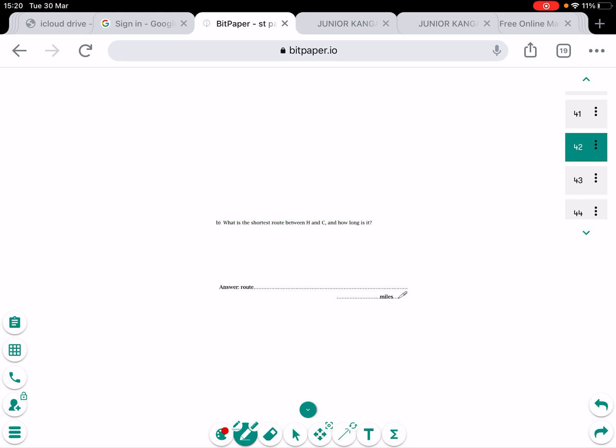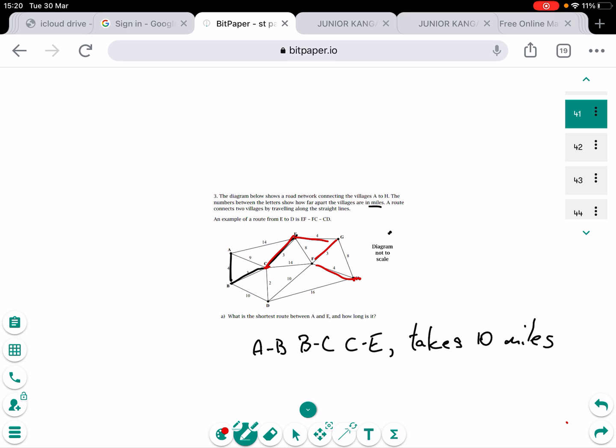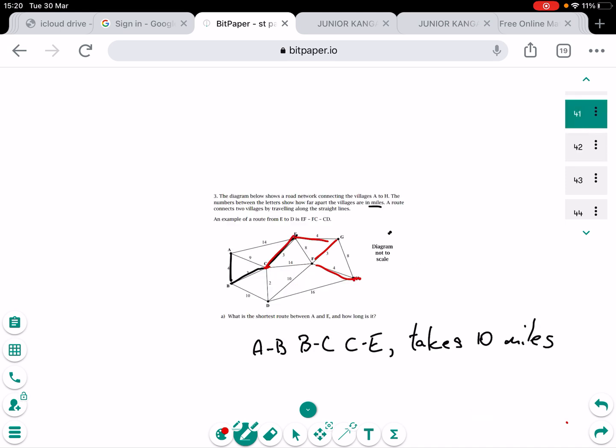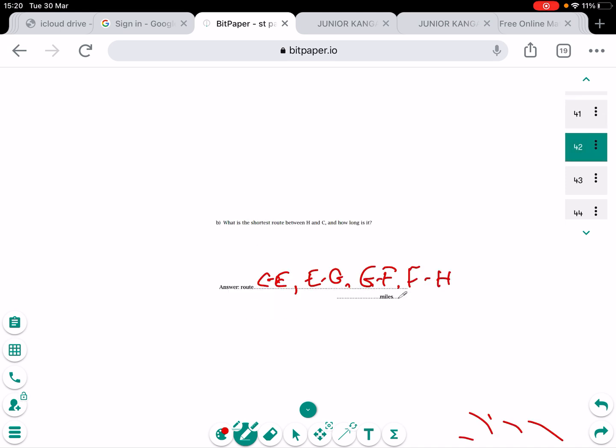And so the answer route is C, F, G, E, F, H. And that's 4 plus 3 plus 4 plus 3 equals 14.